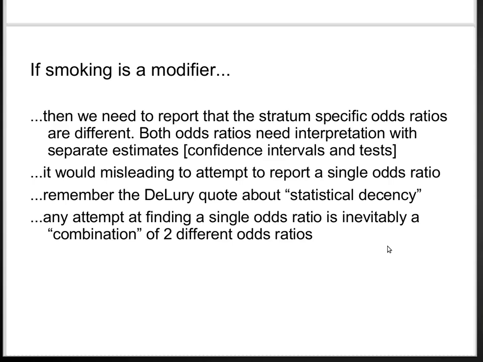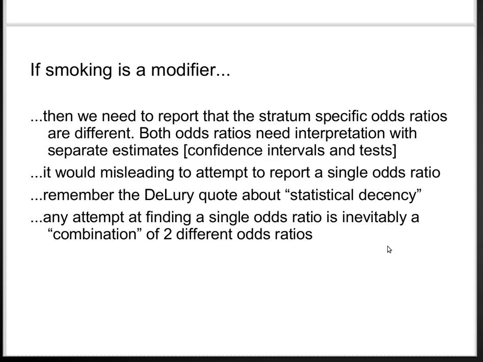I am always influenced by one of my mentors, Professor Daniel Delury, and one of his best quotes, in my opinion, was, "As a matter of statistical decency, we never average things that differ through more than error. To do so is to distort and deceive."